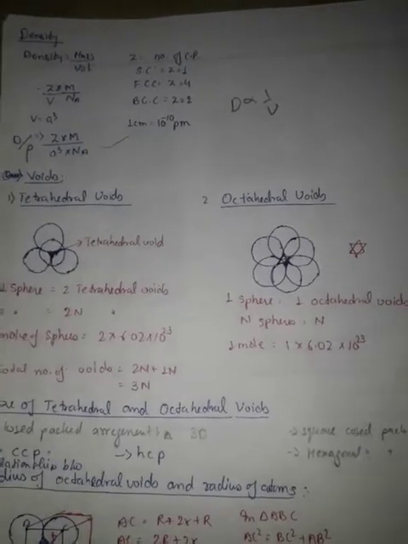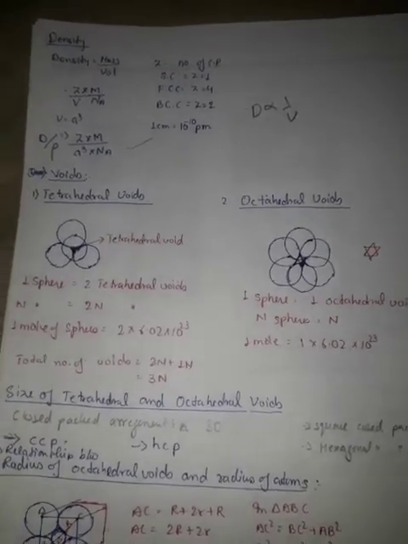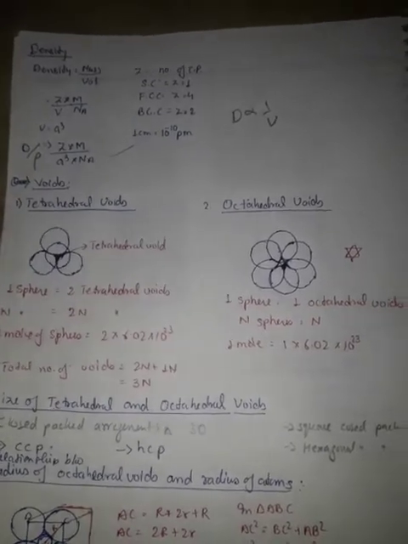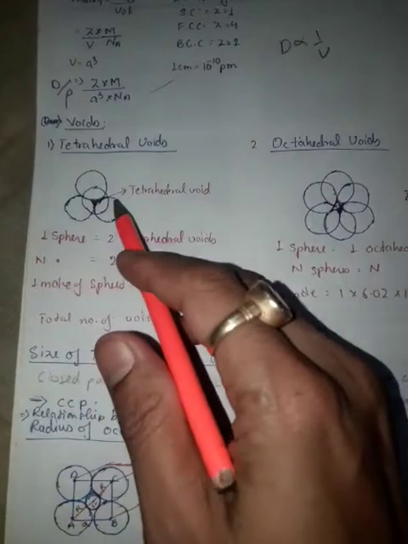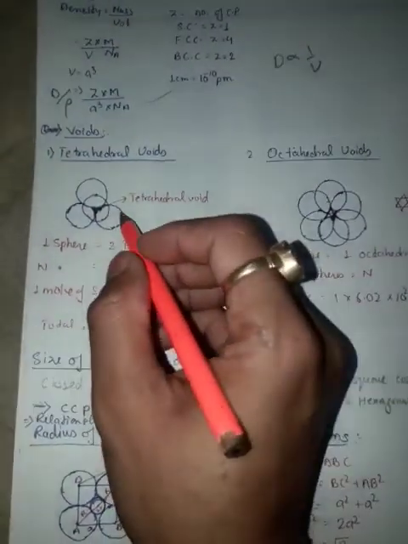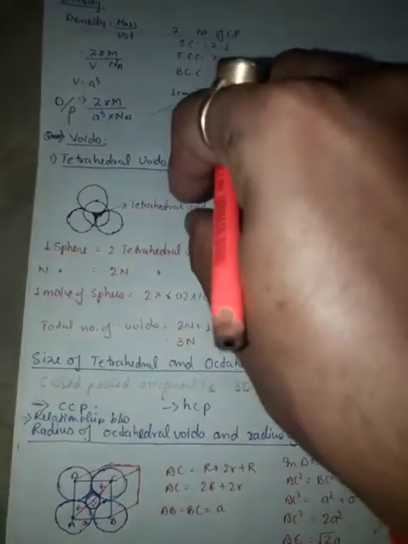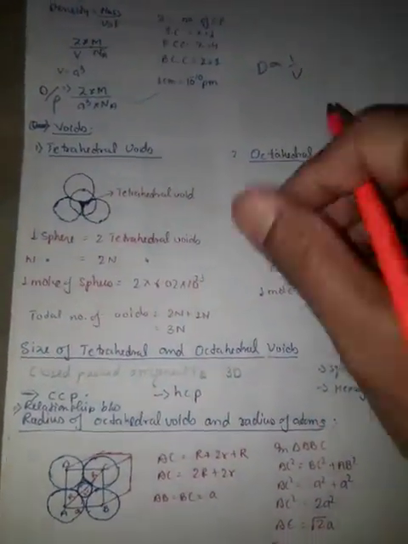What we see in tetrahedral voids, when atoms combine: here we have taken 3 atoms, and one atom we have kept up like this.